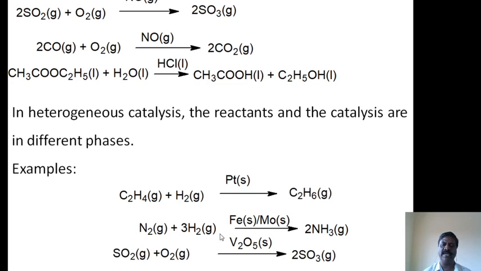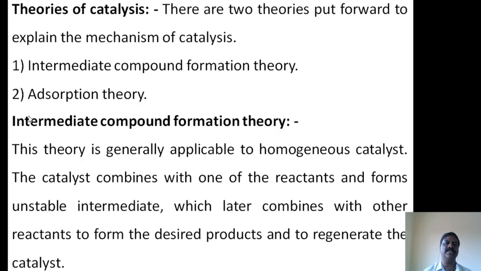Therefore these are heterogeneous catalytic reactions, and this catalyst is called a heterogeneous catalyst. And the third one is the conversion of sulfur dioxide into sulfur trioxide using vanadium pentoxide. Vanadium pentoxide is in the solid state, and sulfur dioxide and oxygen, the reactants, are in the gaseous state, hence it is a heterogeneous catalysis.